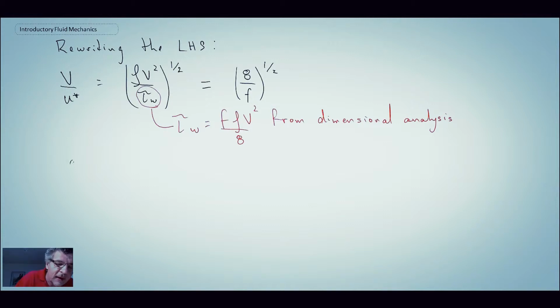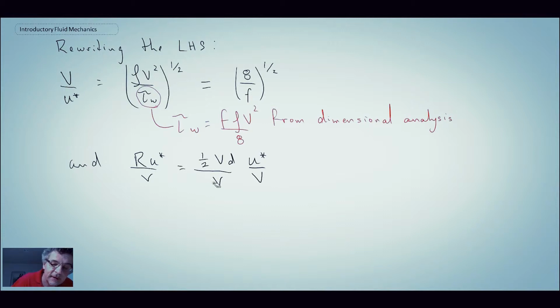So taking a look at the right-hand side, we're going to work on the term that was in the natural logarithm. Now I'm going to play a little bit of trickery here. I'm basically introducing a nu over nu.